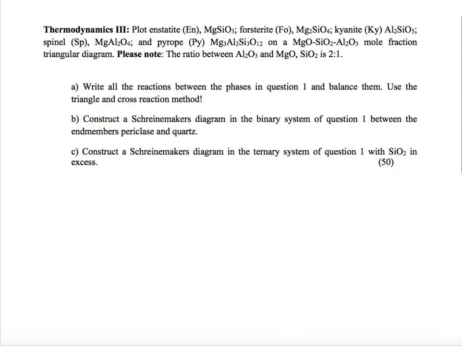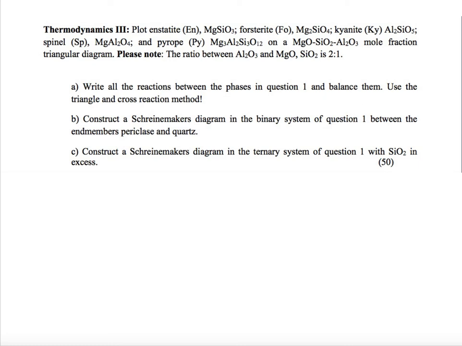Then we have two more complicated questions. Thermodynamics 3: plot enstatite, which is MgSiO3, forsterite, which is Mg2SiO4, kyanite, which is Al2SiO5, spinel, which is MgAl2O4, and pyrope, which is Mg3Al2Si3O12, on a MgO-SiO2-Al2O3 mole fraction triangular diagram.